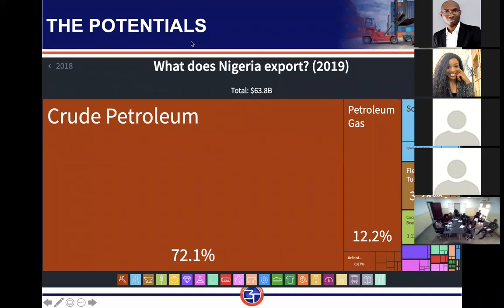If the growth of manufactured goods increases significantly, it is going to reduce our over-dependence on oil as a nation. You can see that 85% is oil and gas. That's why every time there is an issue with oil price, Nigeria goes into recession. And that's why we have been in recession twice since 2016.